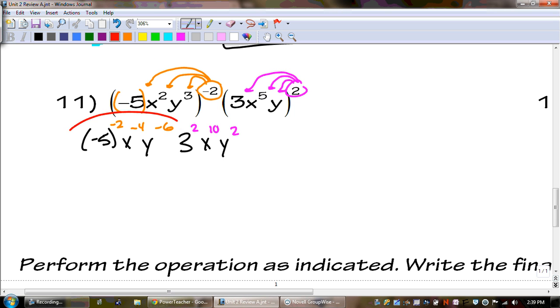So if our exponent's negative, we're going to drop them like it's hot. So as we rewrite this, 3 squared is 9, so we have 9x to the 10th, y squared. And then on the bottom, we have negative 5 squared, x to the 4th, y to the 6th.